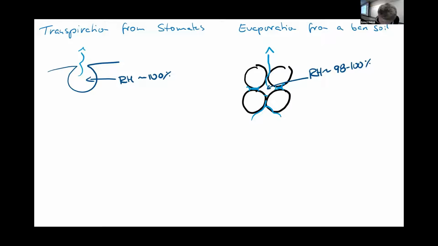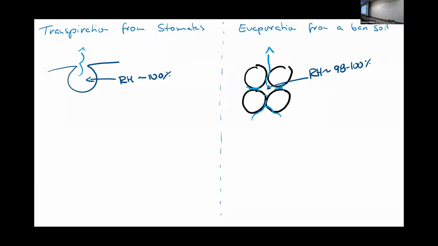And they're actually not all that dissimilar. Okay. So in both cases, we have somewhat of a cavity, right? I mean, the stomates, you've got the interior of the stomates. If you think about bare soil surfaces, you've got these kind of pores that are close to the surface.